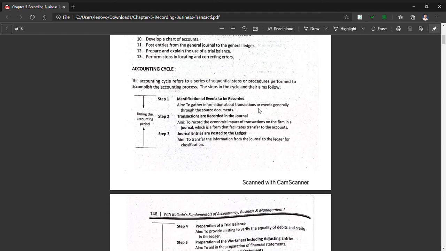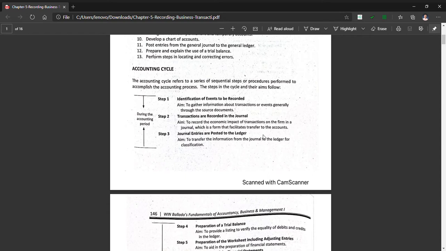Next is step 2. Transactions are recorded in the journal. Okay? So if events are deemed to be recordable or kailangan nang i-record, these are recorded in the journal. Okay, so yung mga debits and credits, dito na yung journal natin. Okay? Next, after natin i-record sa journal, kailangan natin siyang i-transfer sa ledger.